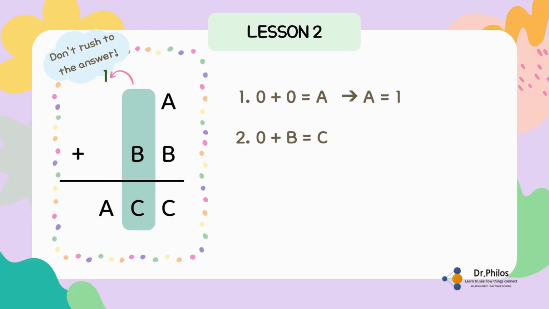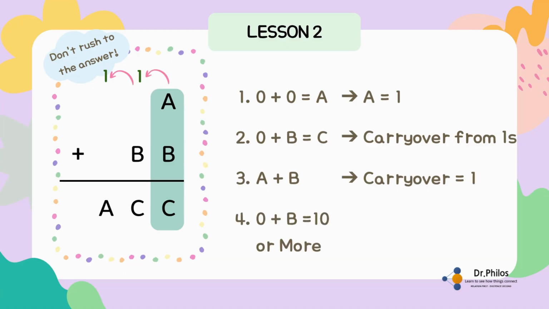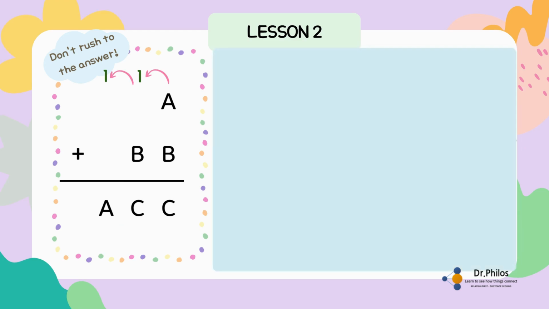This means there is a carryover from the ones place. 3. Since we added 2 digits in the ones place, the carryover is 1. 4. For B in the tens place, and 1 to add up and create a carryover to the hundreds place, B must be 9. Let's summarize it simply again.